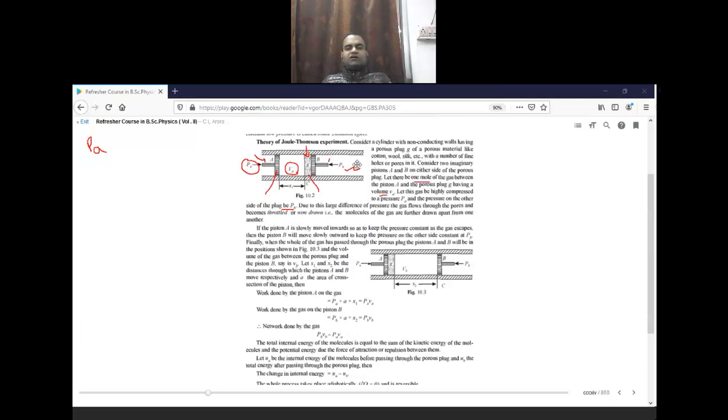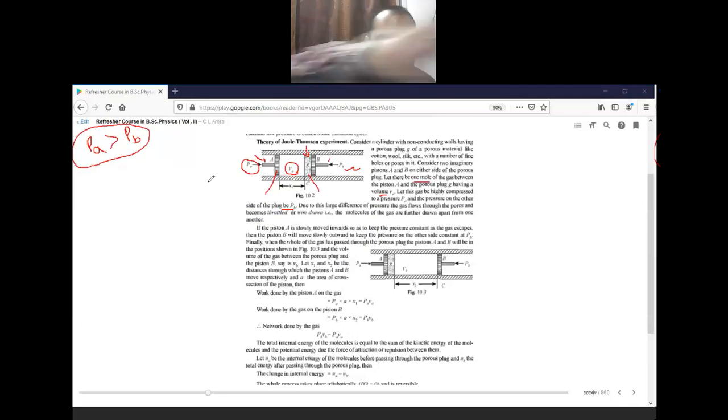To the right we have another imaginary piston B, and suppose the pressure on that side of the porous plug is PB. So there is a difference of pressure. Why? Because PA is greater than PB, since the gas is highly compressed, meaning you push it strongly with the help of the piston.